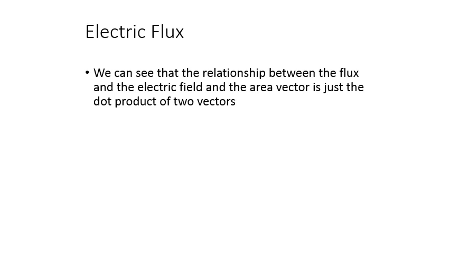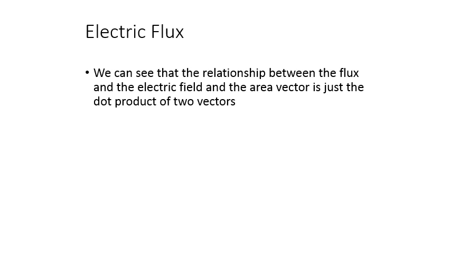So we can see that the relationship between the flux, the electric field and the area vector is just the dot product of two vectors, and the dot product of two vectors gives us a scalar product.